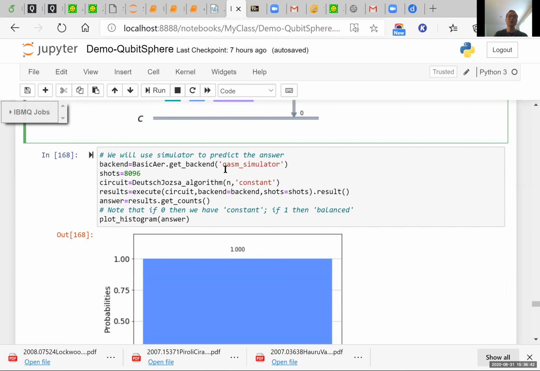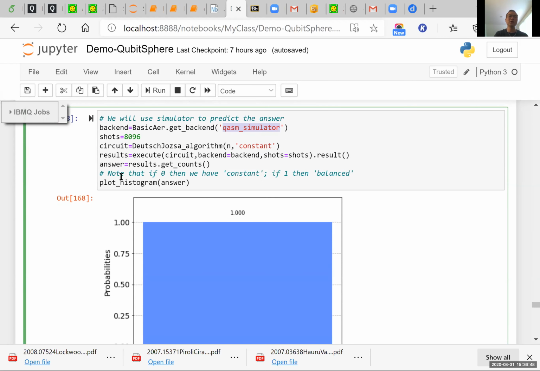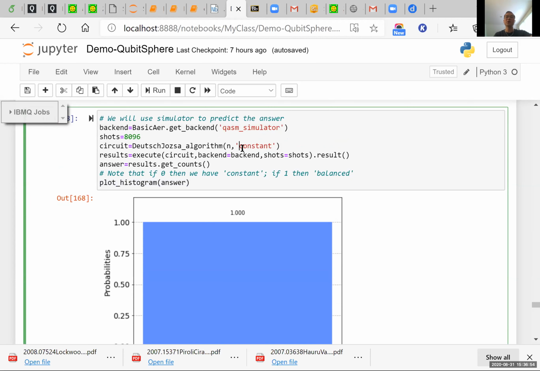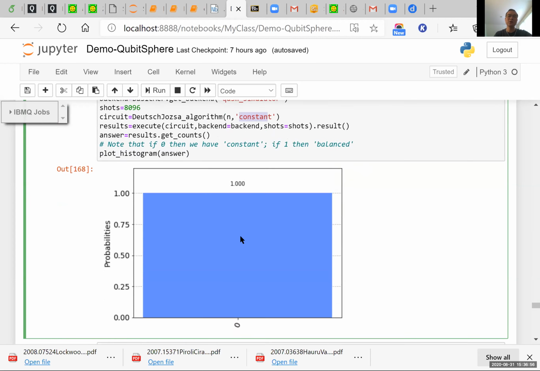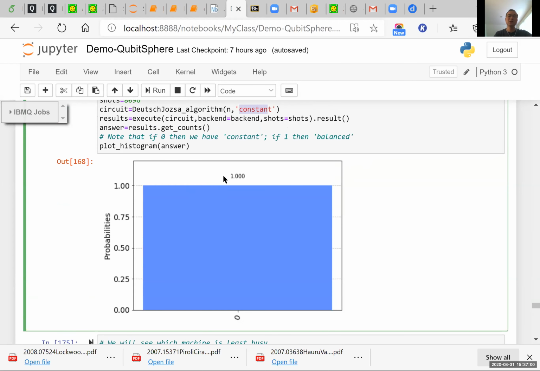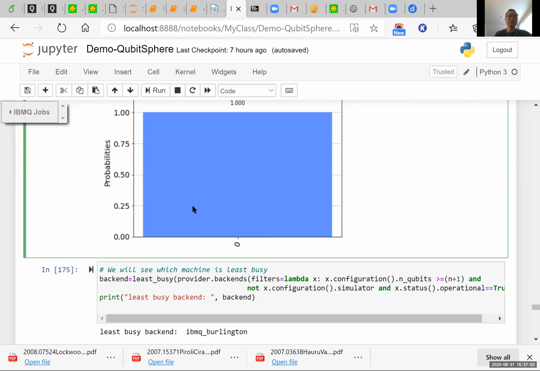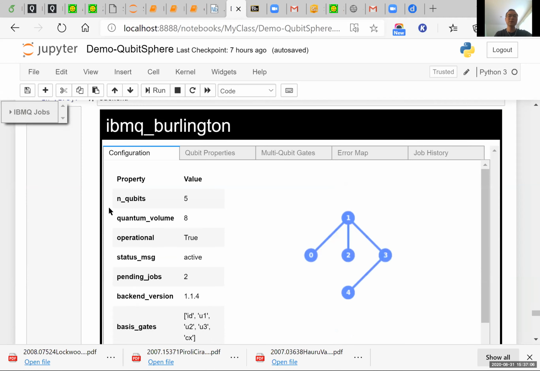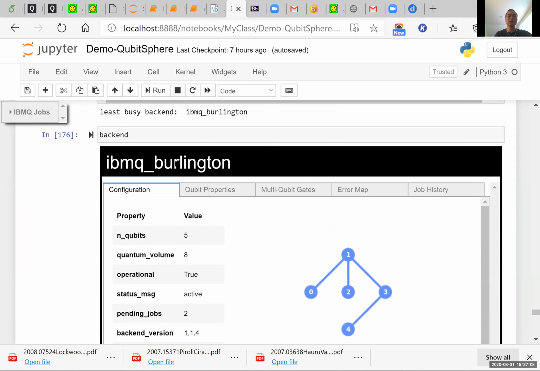Here we can first use the simulator. So I use the simulator, and then I perform the measurement. Of course, I'm using the constant, so I should always get 0. And the simulation always shows that. But if you now run on a real quantum computer, this is the quantum computer that I use.